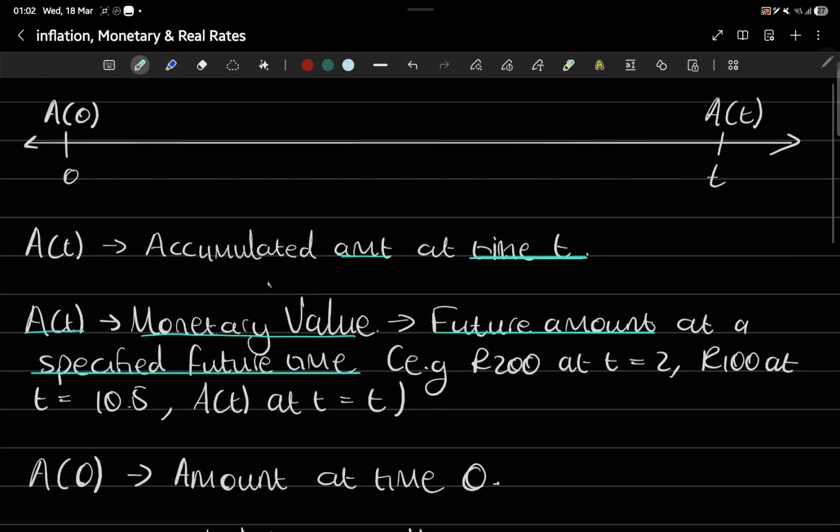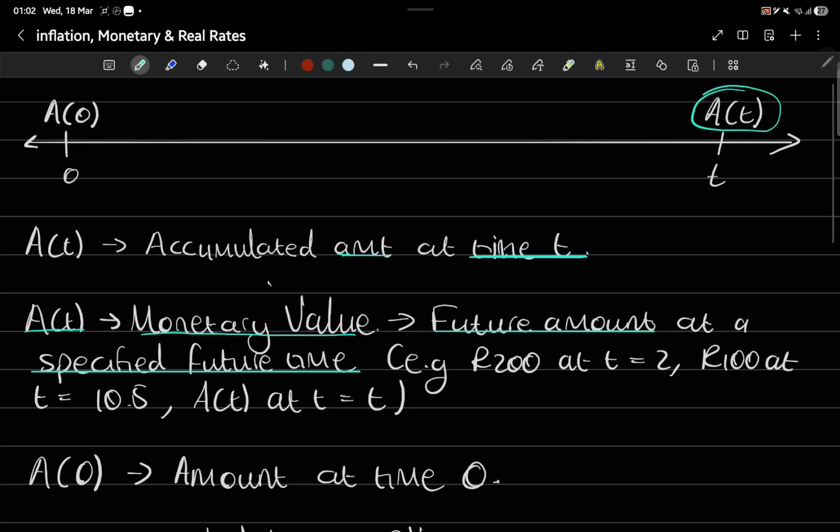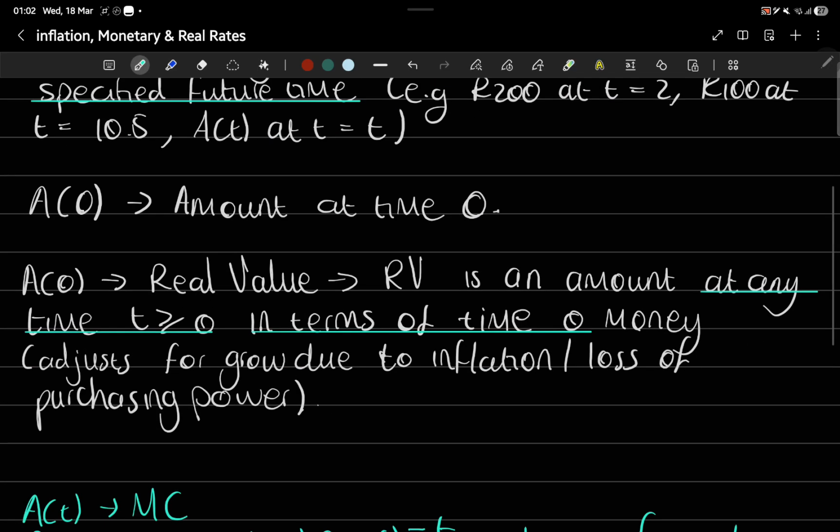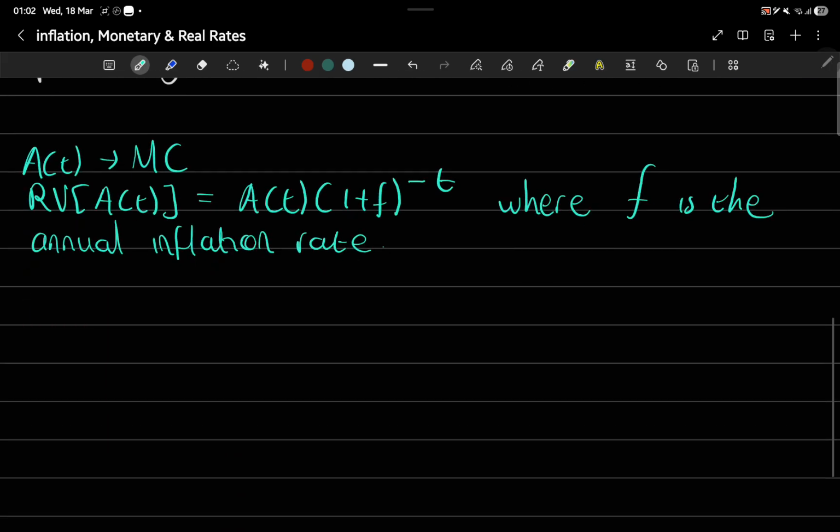In other words, if we take this future amount in terms of the purchasing power of the money at time t, and we adjust it for inflation, in other words, we reverse the growth due to inflation that happened during this period and bring it back to time zero, then we'll have a real value.